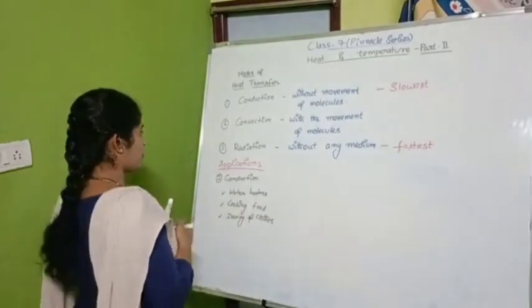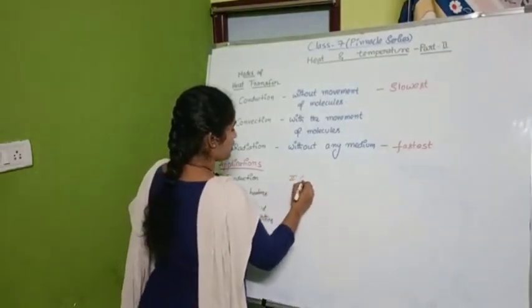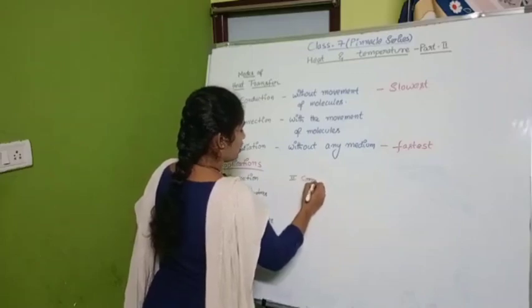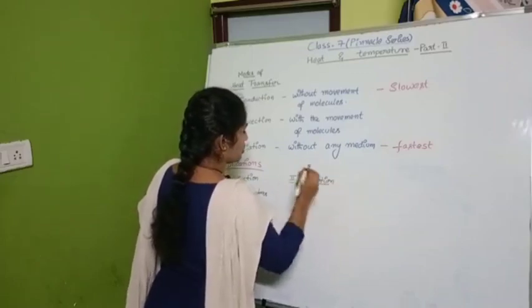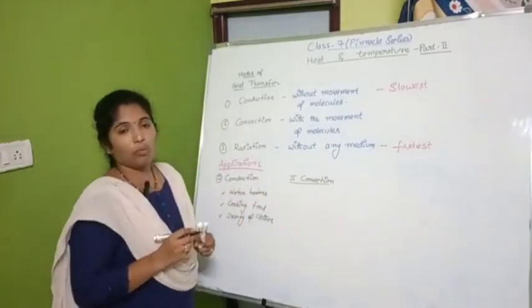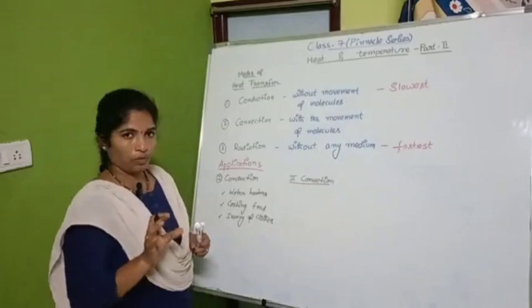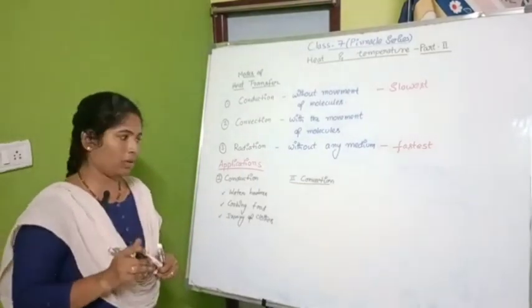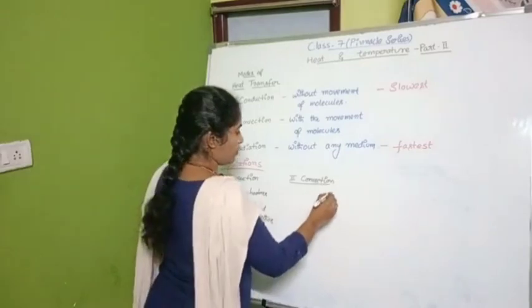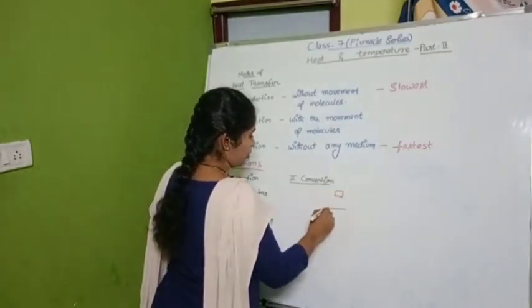Next is convection. In olden days, we had ventilators and windows. Yes, now we are having windows. We don't have ventilators. But before, in a room, we had ventilators and windows.